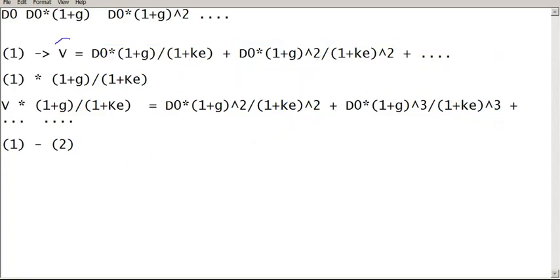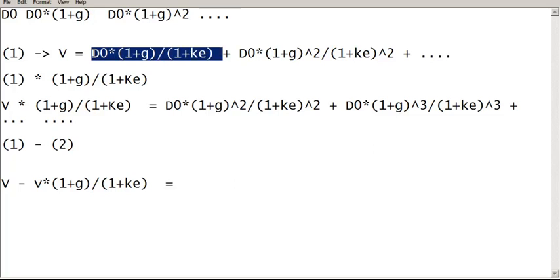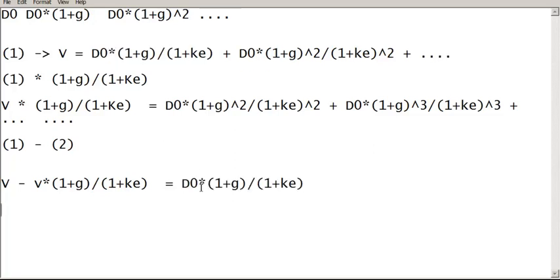On the left hand side, you will be left with V minus V into (1 plus g) by (1 plus Ke), and your right hand side will be this particular term. Then you can solve this. On the left hand side you can take V common, and it will become 1 minus (1 plus g) by (1 plus Ke).